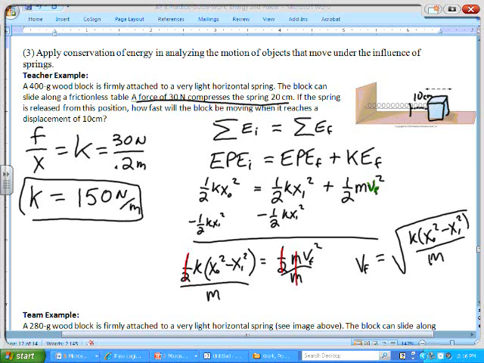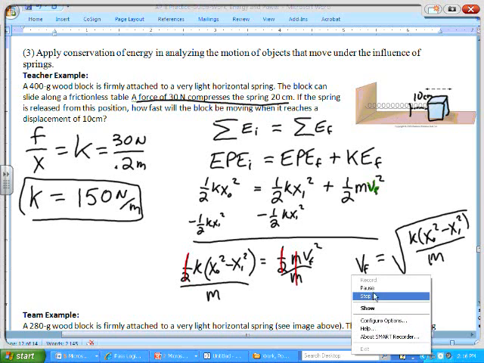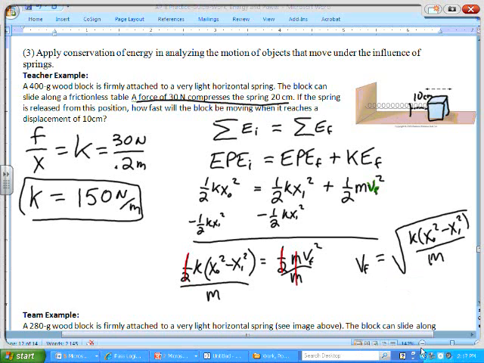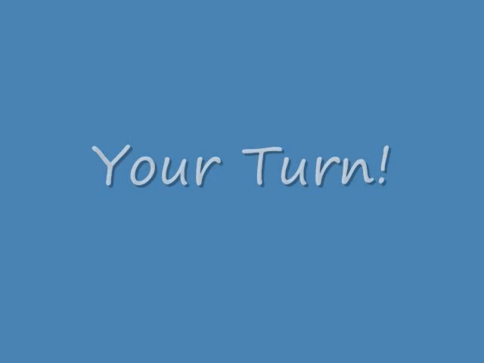Now at this point you just want to plug in your values and you've solved for velocity. You should get a value of around 3.35 meters per second. Okay, now you try one.